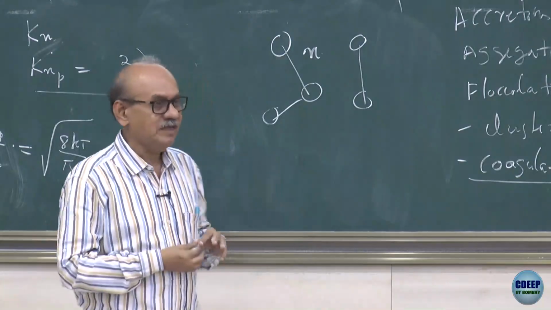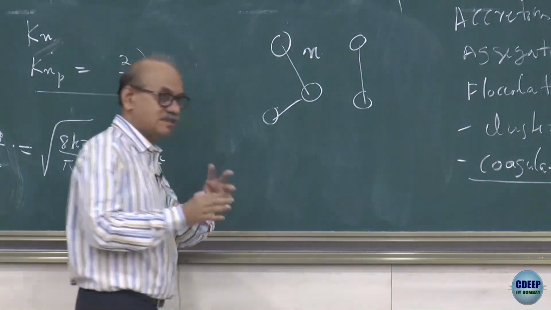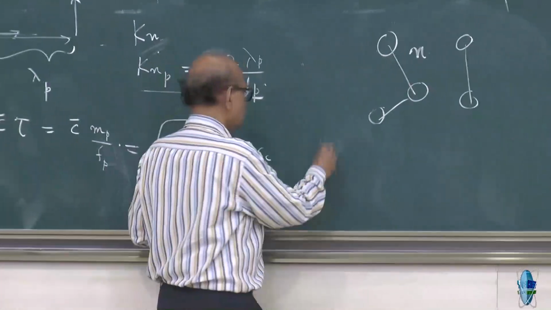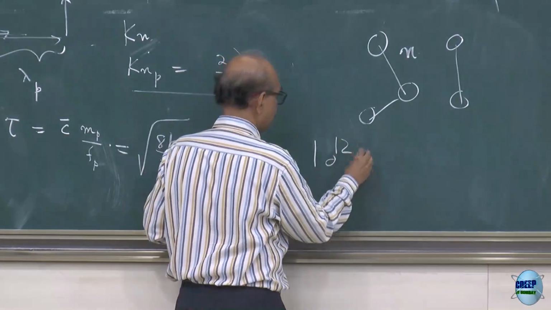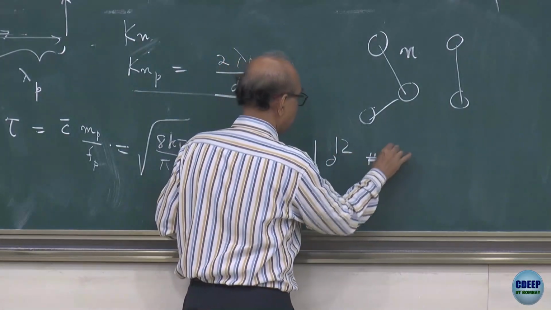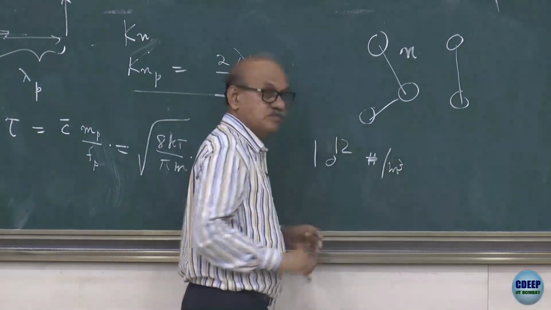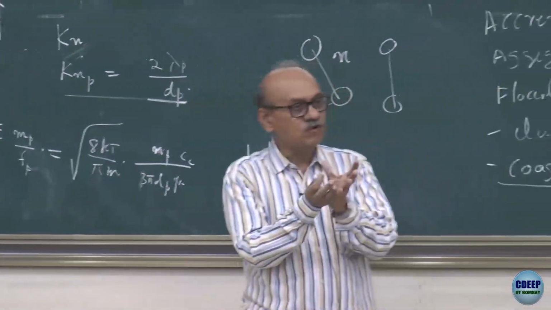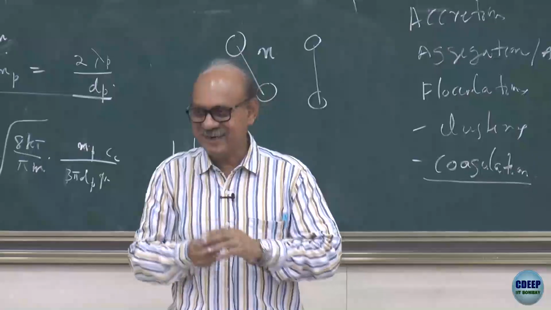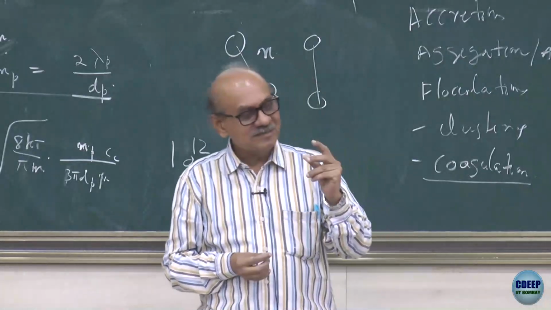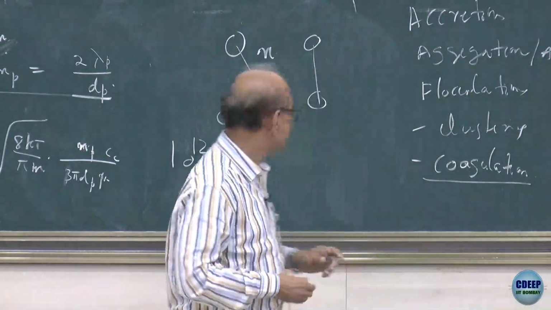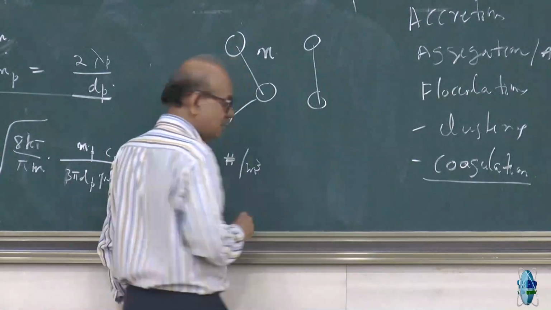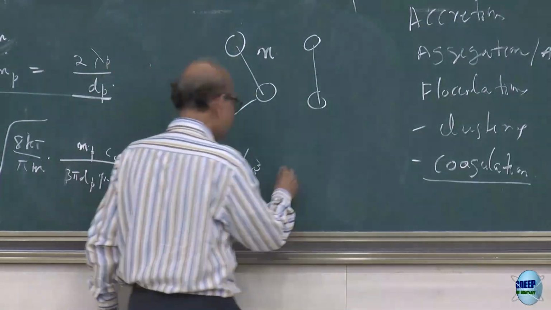Do we have an idea? Supposing I have a dense smoke, 10 to the power 12 number per meter cube. The smoke looks like a full cloud because of the light scattering, but interparticle distances are quite large. The formula for interparticle distance is calculated very simply.